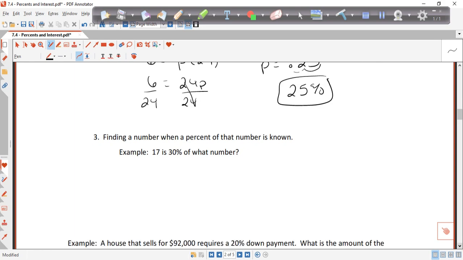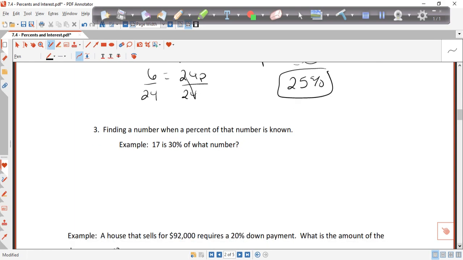Now we're going to find the number when the percent of the number is known. So 17 is 30%, 0.30, of, multiply, what number? We divide by 0.30. x equals 56.6 repeating. 0.6 repeating, remember, was 2/3.